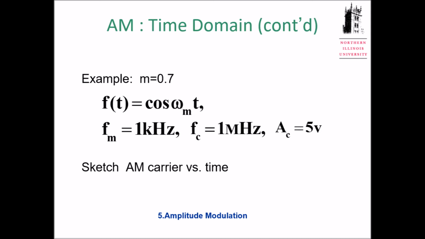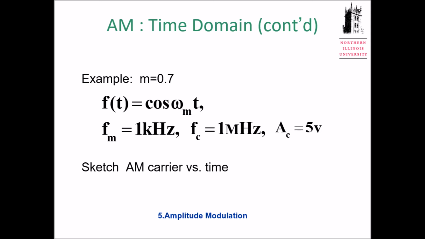So we have several important parameters. m is given as 0.7, f(t) is a sinusoid, and the frequency of my signal is 1 kHz, right? Carrier frequency is 1 megahertz. My carrier signal's amplitude is 5.